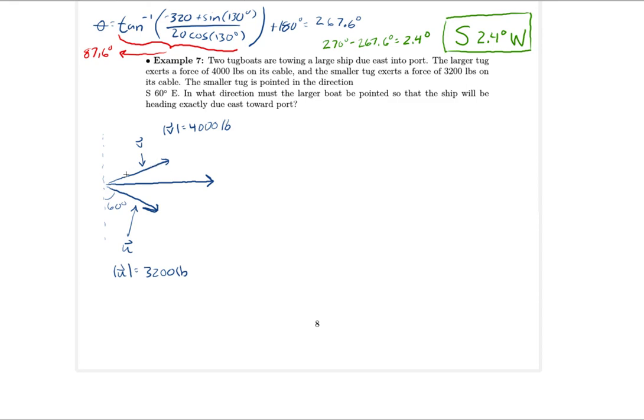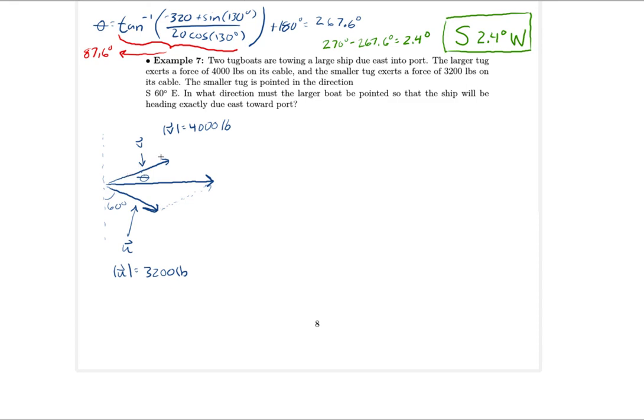But what I do know is that when I add this to this, I need to get this. Okay, but you can kind of imagine, right? Me taking this vector and putting it here, right? The vector addition would work. And so the question is, what should this angle be in order to make it work?